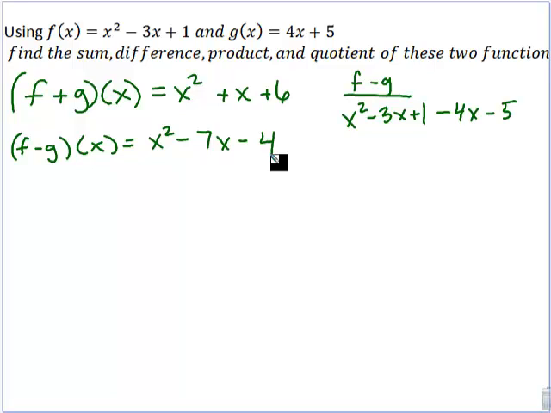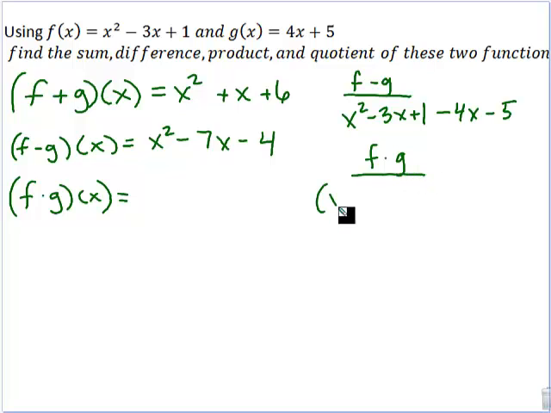Okay. The product, so f times g of x. Well, f times g of x, we would have to take our x squared minus 3x plus 1 and multiply it by our 4x plus 5. How do I multiply these two types of things together? Yeah, distribute. So start with the 4x and distribute it to all three of those.